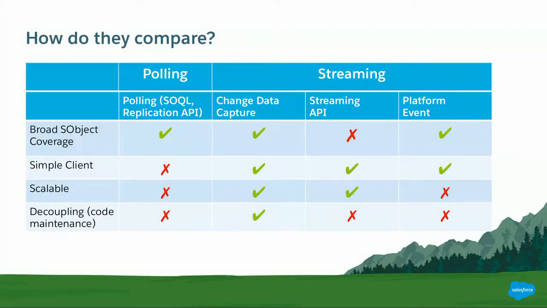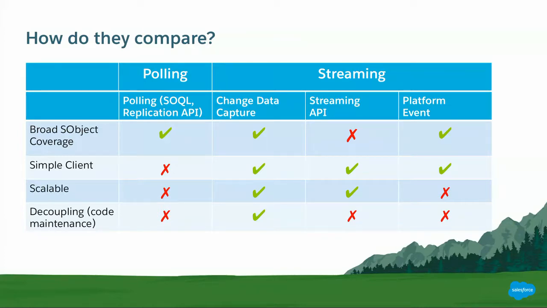So, in summary, we have two different approaches to change data capture. One is polling, one is streaming. If you look at polling, pretty much the options you have today are SOQL and the getUpdated API. With SOQL, you have probably tried it before. You are getting into SystemModstamp timestamp hell again. It's very hard if you have multiple objects.